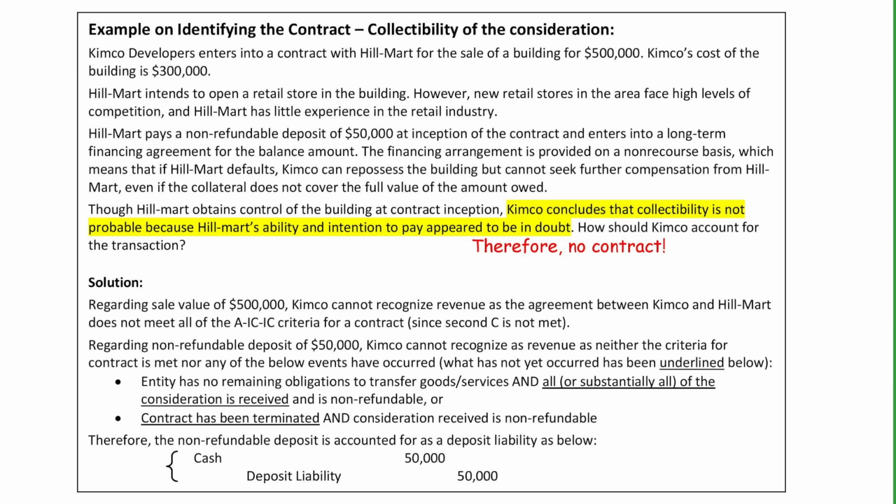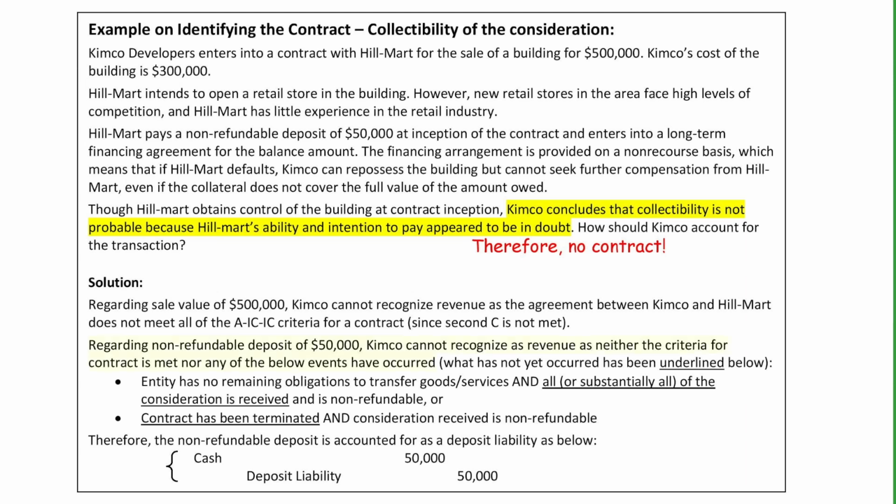So looking at the solution, what we're saying is regarding the sale value of $500,000, Kimco cannot recognize revenue as the agreement between Kimco and Hillmart does not meet all of the AICIC criteria for a contract. Since of course the second C, collectibility is probable, is not met.